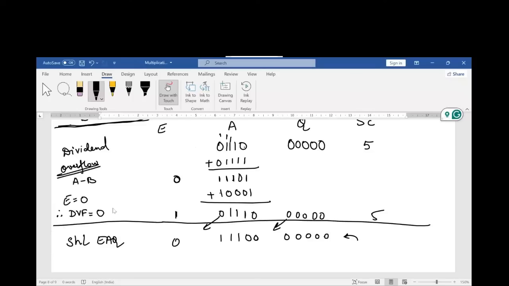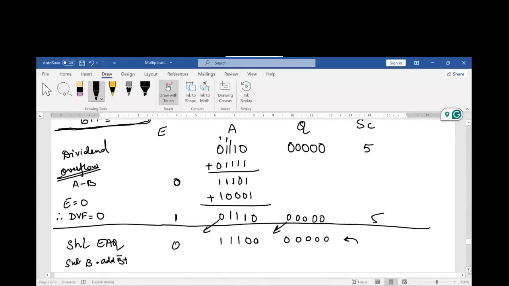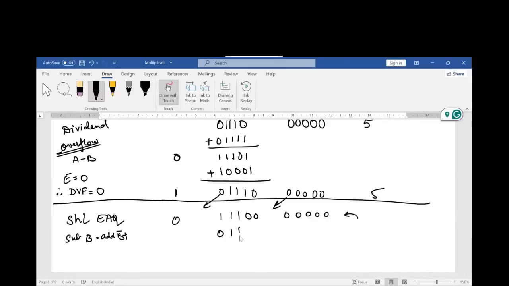After that, the next step is subtract B. What is subtract B? Add B bar plus 1. So what is B bar plus 1? We have written it above, 0 and 4 times 1. So I'll add that over here. 0, 1, 2, 3, 4. 1, 1, 0, 1, 1, 0, E is 1.